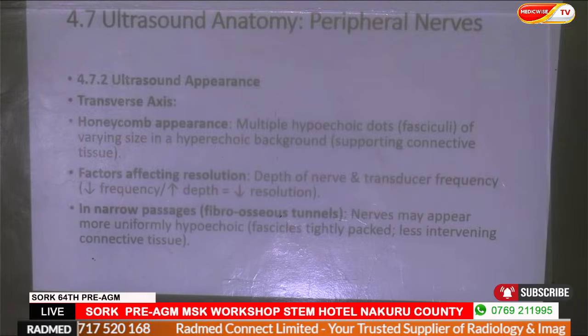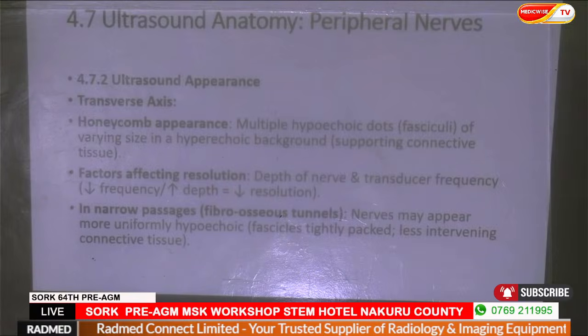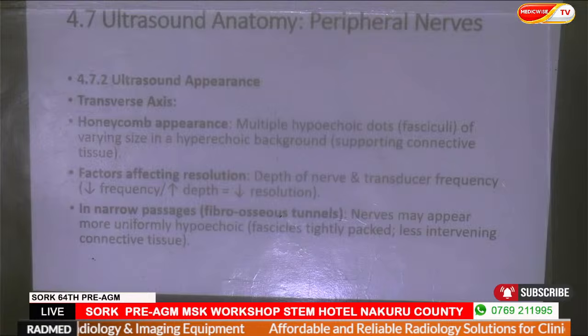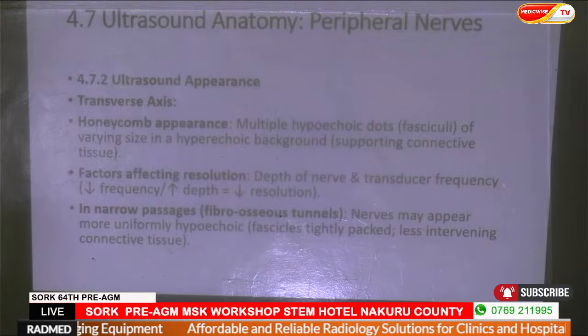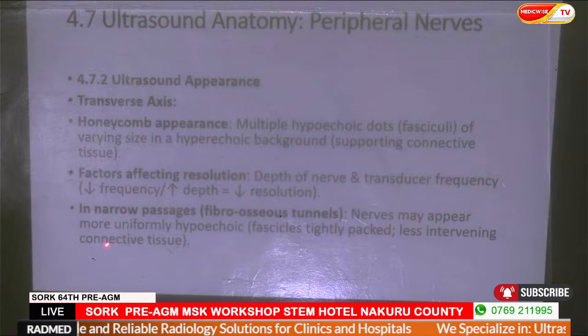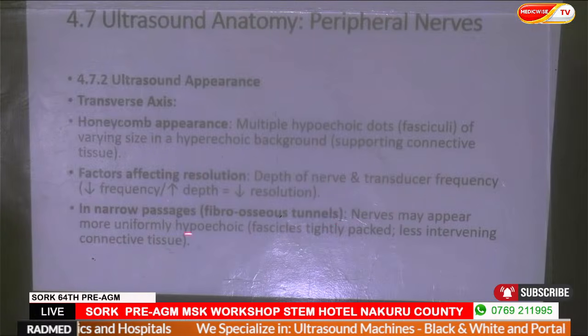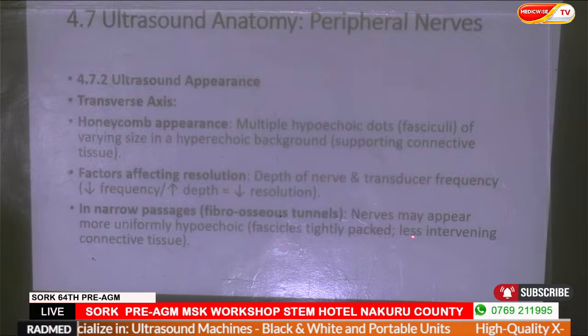The more focal points you put, the lower the frame rate you are going to have, which affects the temporal resolution. And in MSK we usually use at least a dual focus most of the time. So in narrow passages, fibro-osseous tunnels, nerves may appear more uniform, and the hypoechoic fascicles tightly packed, with less intervening connective tissue.